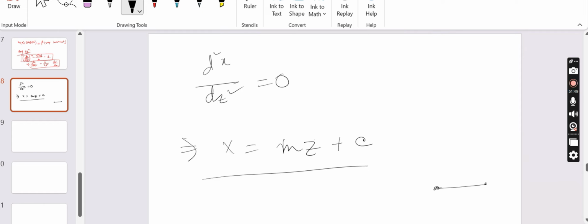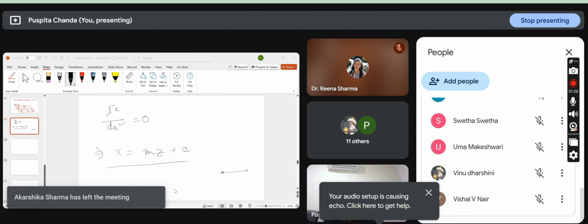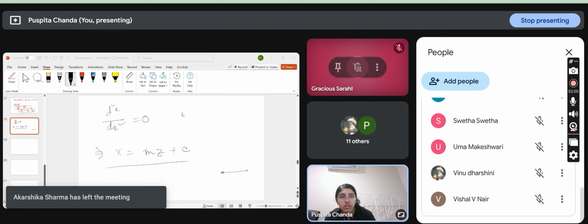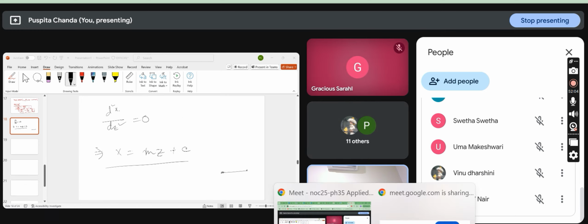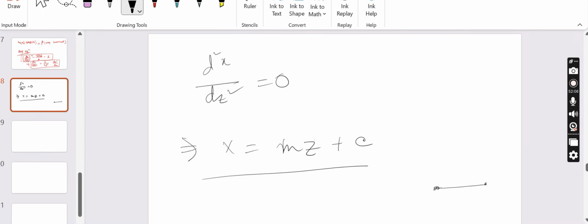And Fermat's principle does say that they will follow the path which will take extremum time.